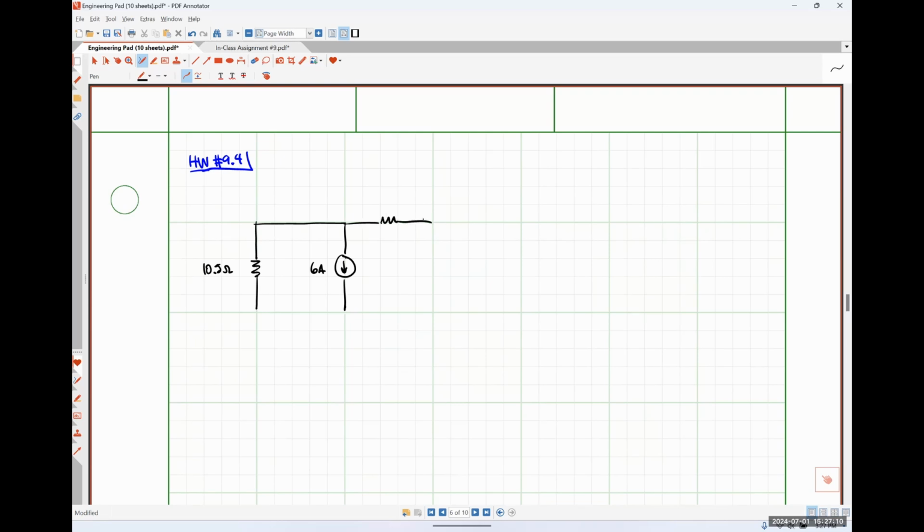Then we have a 17.5 ohm resistor, a 19.5 ohm resistor, a 17 ohm resistor, and then a 76 volt source, positive polarity on the bottom.